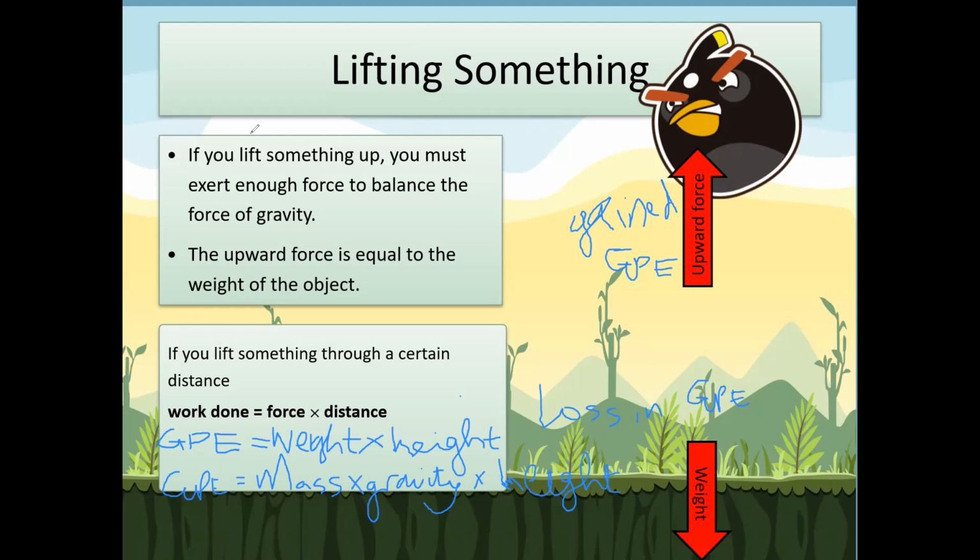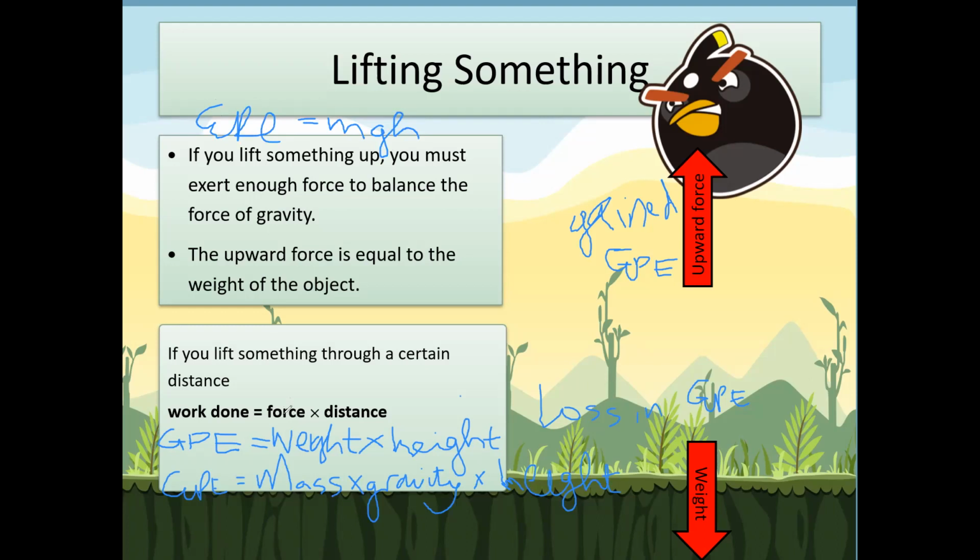So in simple terms, we can say GPE is equal to M for mass, G for gravity, and H for height. So the mg is the weight or the force. So that's why I'm telling you that GPE and work done, they are similar.